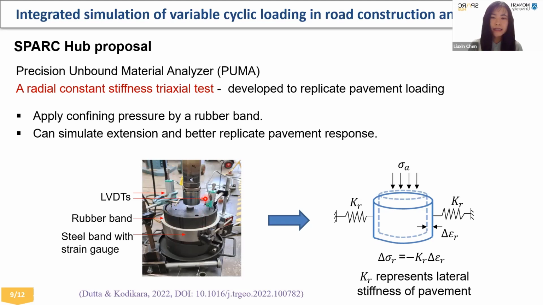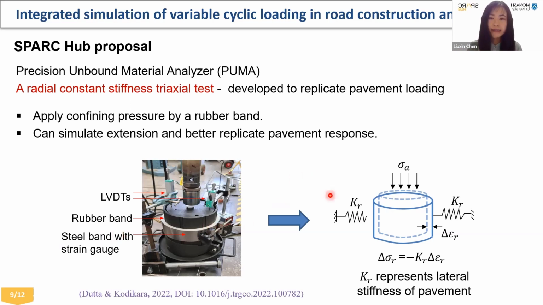It's done by this PUMA device. It provides a constant stiffness KR here by a rubber band. So this rubber band is used to represent the resistance coming from the pavement.